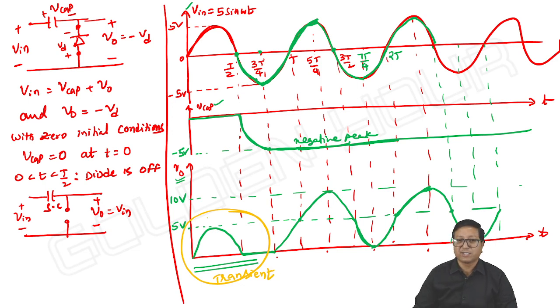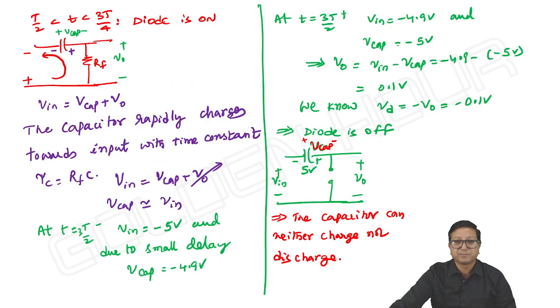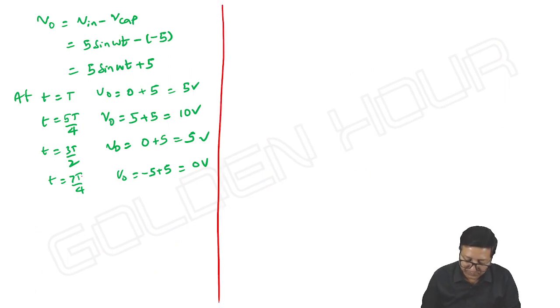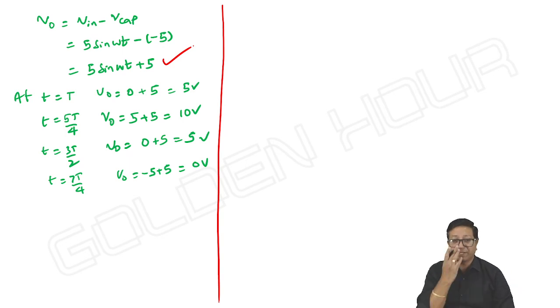Removing this transient, in steady state, this is the output equation, 5 sin omega t plus 5.